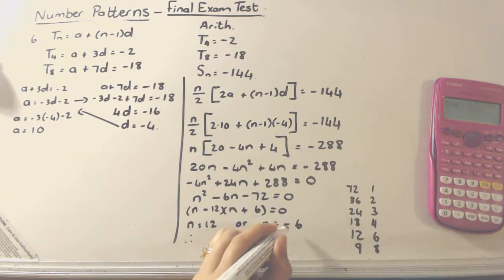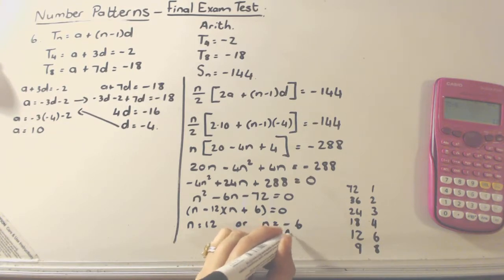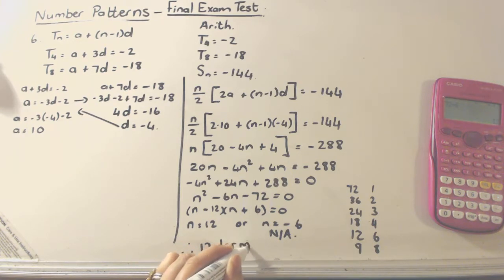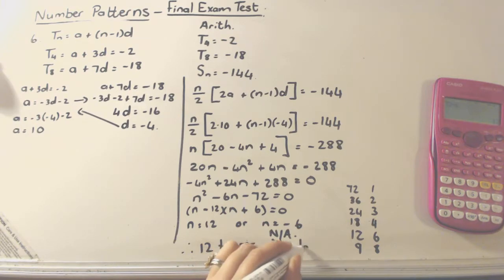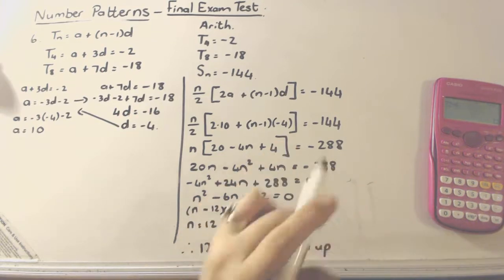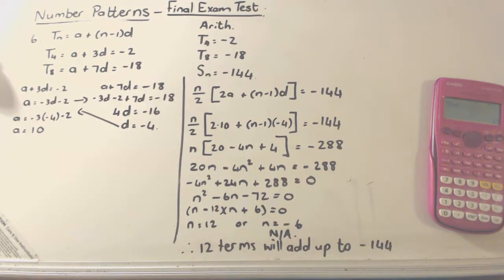So then I'm just going to say this is not applicable because it's the number of terms, and then I can say 12 terms will add up to -144, or you can say n must be 12, or just write some sort of conclusion there.